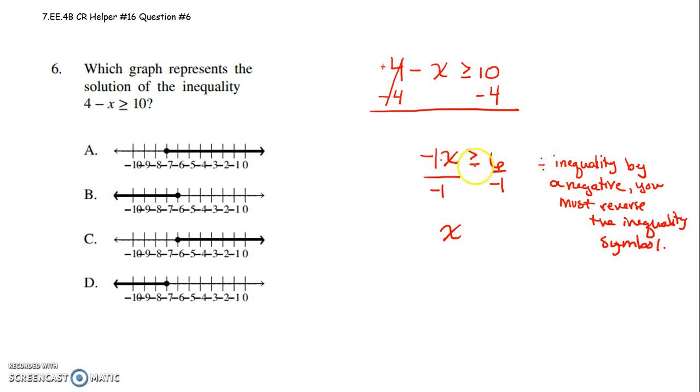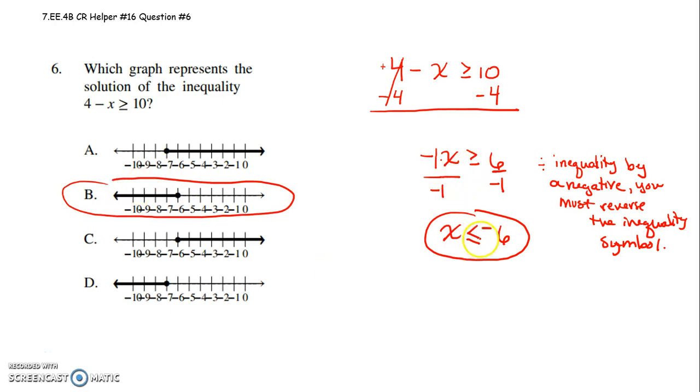So if this says greater than or equal to, as soon as I'm dividing by a negative, I reverse that and make it less than or equal to. And then here, a positive divided by a negative is a negative. 6 divided by 1 is 6. So any values for x that are less than or equal to negative 6. These are all our values less than or equal to negative 6.